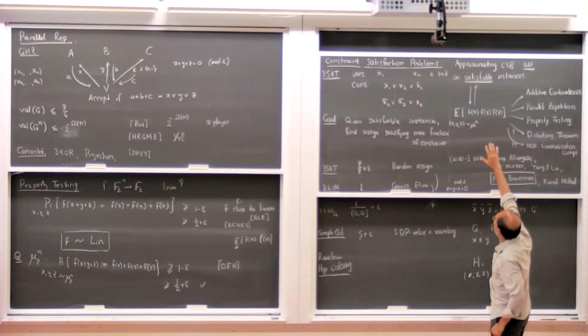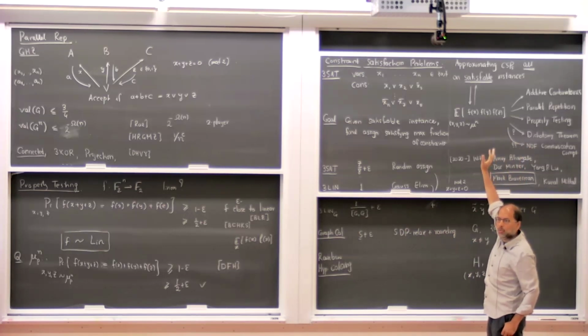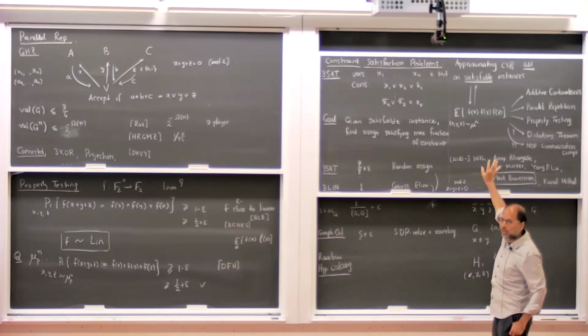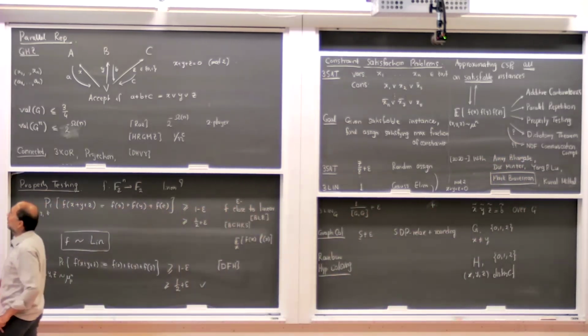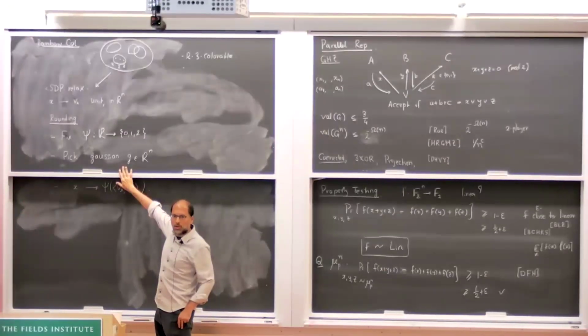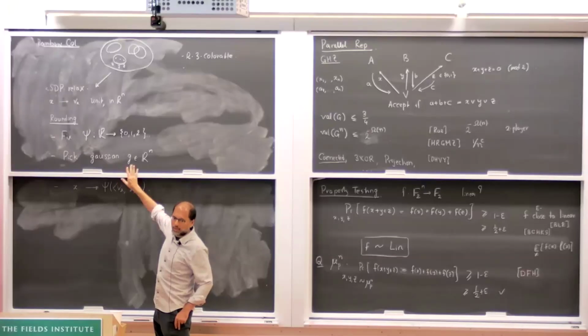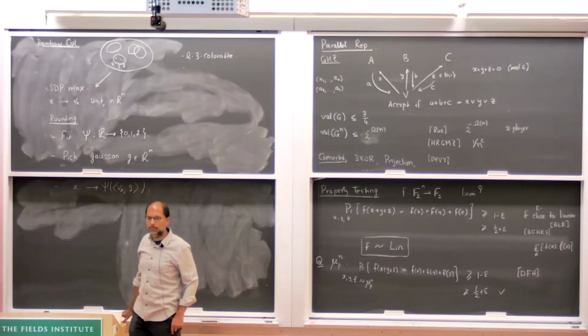And you can ask the same question, can you find the best algorithm for every CSP on near satisfiable instances? The near satisfiable case is actually fully answered. And this is the work of Prasad Raghavendra. In fact, he shows that an SDP relaxation and rounding, pretty much exactly like this, is an optimal algorithm on near satisfiable instances. Okay. But for us, it's really important that we are working on fully satisfiable instances.